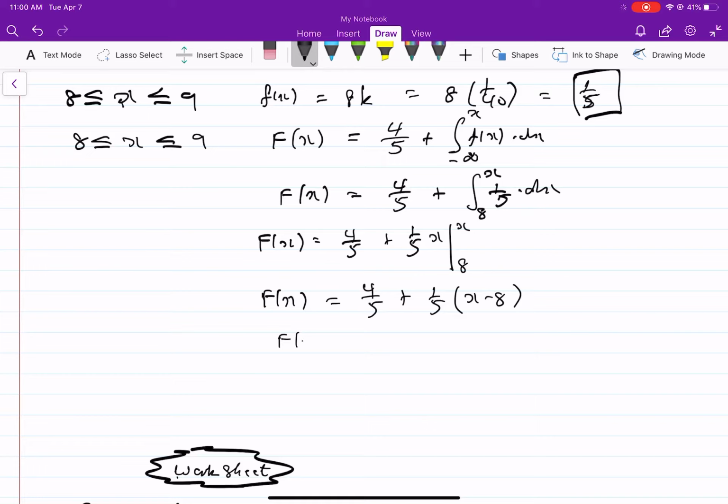Tidy that up a bit. That's 4/5 plus 1/5 x minus 8/5. 4/5 minus 8/5, I think that's minus 4/5. So therefore, this is equal to 1/5 x minus 4/5.